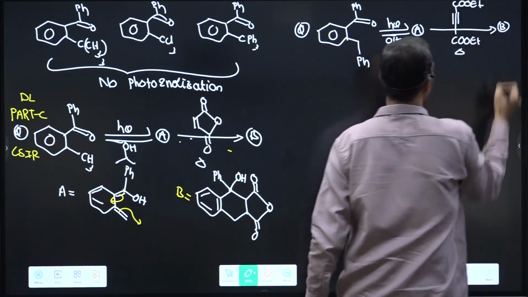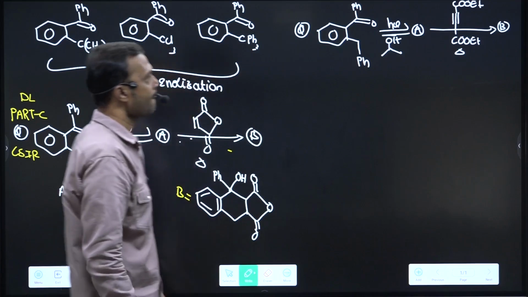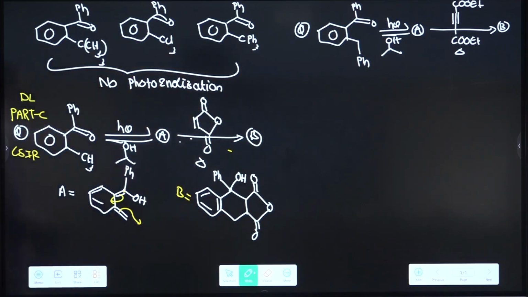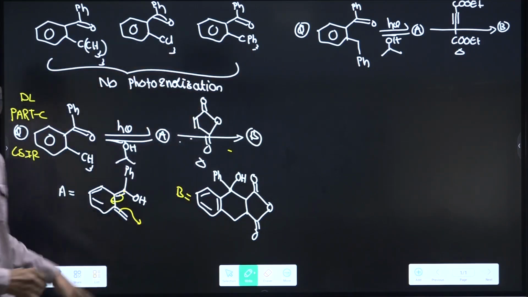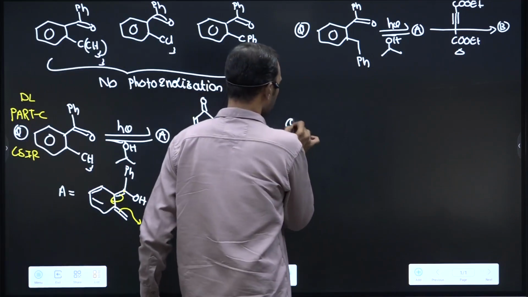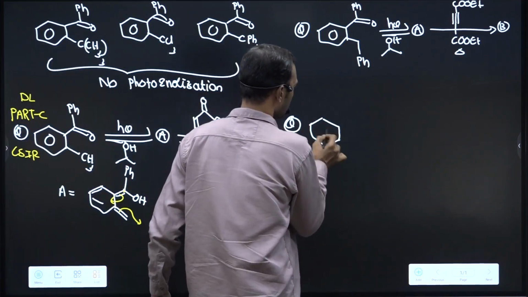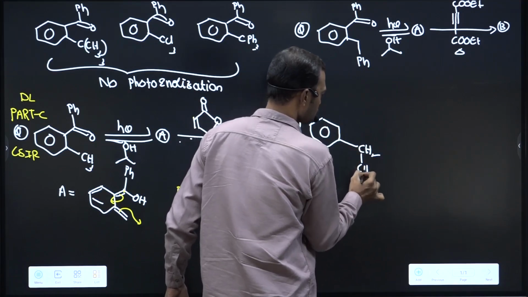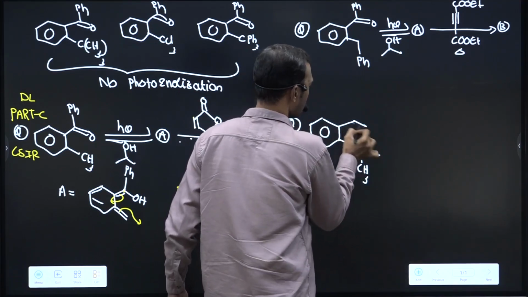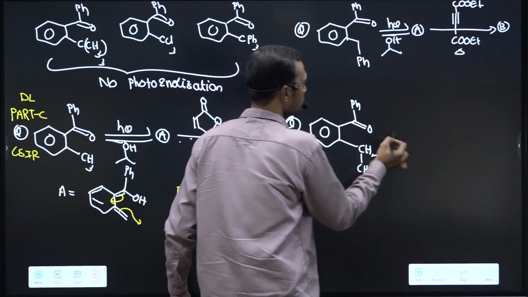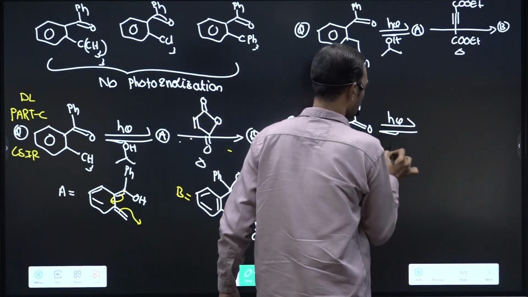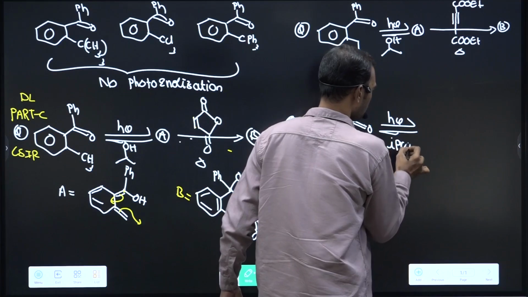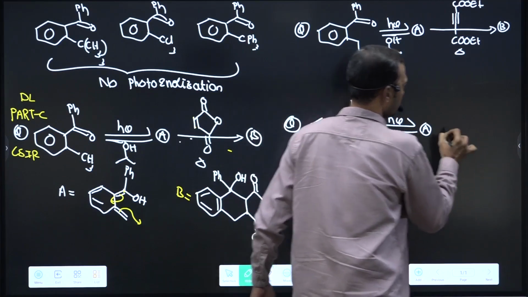What are A and B? Same, the pattern is the same. These two are homework for you, just work out later. CH2, CH3, C double bond O Ph, photochemically, iPrOH, then benzene.